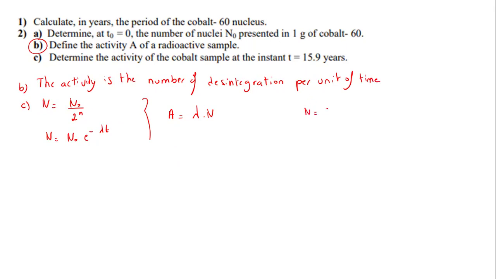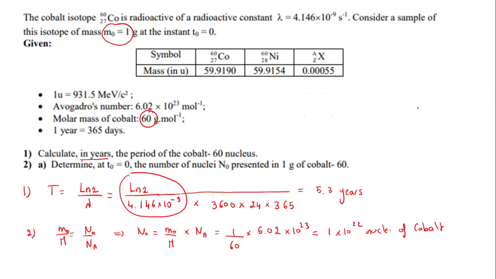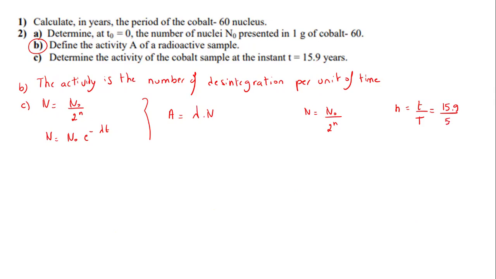N equals n0 over 2 to the power n. We have n0, but we still have to find small n, meaning how many periods in 15.9 years. We know that n is equal to small t over the period, which is 15.9 over the period. We found the period to be 5.3. They must be in the same units, and both are in years, so it's correct.